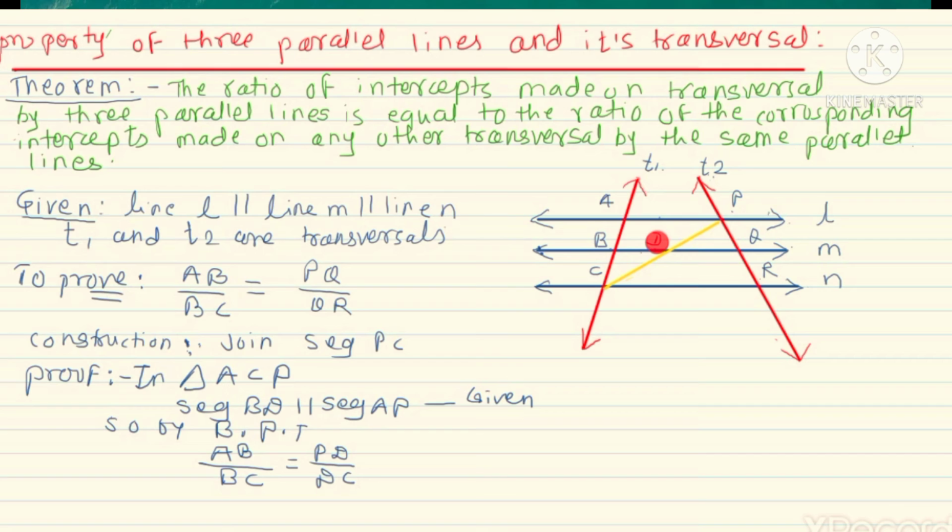That means the ratios of the intercepts are equal. So we write AB upon BC equal to PD upon DC, and denote that expression as number 1. Now I am writing the remaining part of the proof here.